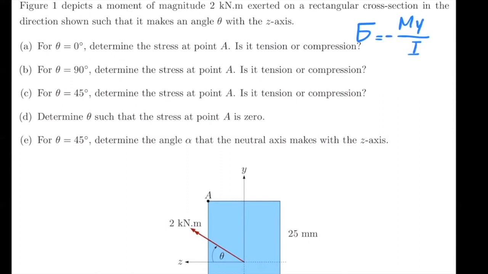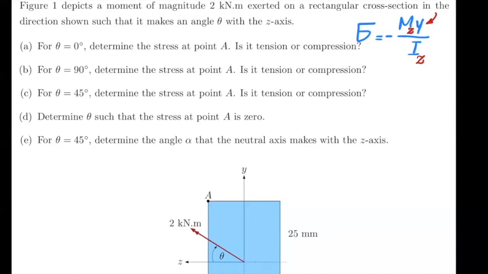Again, here in this example, if y is positive, we need a minus because it's a compression, and if y is negative, it's positive. So we need that minus sign, but pay attention that in this formula now, this is Mz, so this is M with respect to z-axis, and this is I with respect to z-axis. And then basically y is the distance from z-axis. This is all you need to pay attention to.